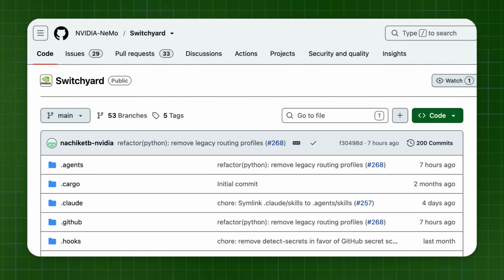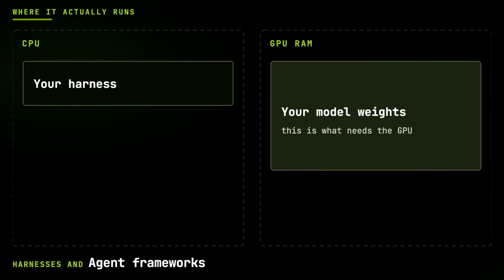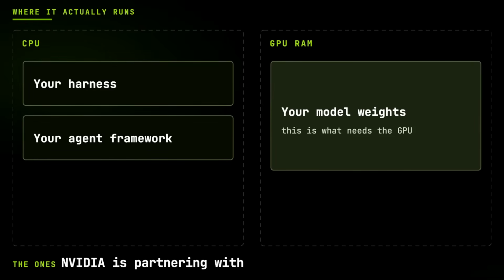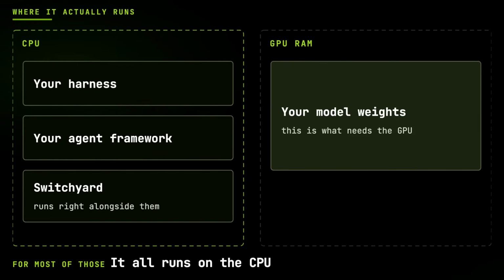It will be great to see if people start sharing their best ways to do a lot of these things. For the harnesses and the agent frameworks that NVIDIA is partnering with, it seems like for most of those, this is all just going to run on the CPU alongside your harness. You're not even going to need any GPU RAM for the library itself.